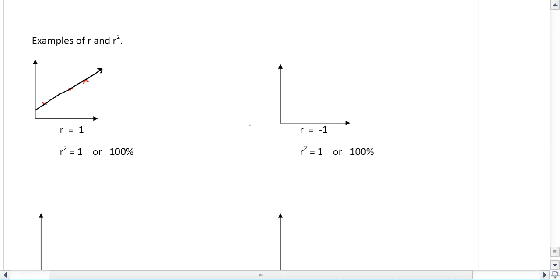Here, if we have an R of negative 1, that means that one is increasing while one's decreasing, might look something like this. And then if the calculator drew in the regression line, again, it would hit all three of them perfectly. This very rarely happens in real life, but this is a perfect negative 1, R squared is 1, 100% of the points lie on the line. You could make very good predictions with that type of an R squared.